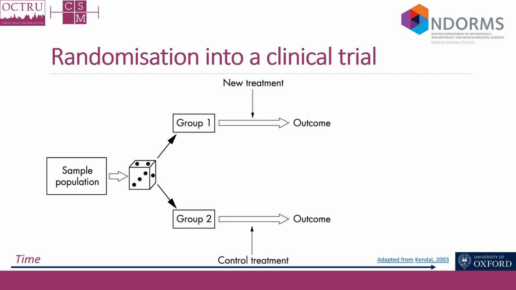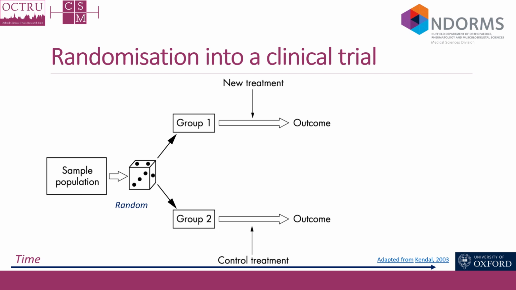Let's try and take a closer look. In a very simple example of an RCT, we sample from a well-defined population, defined by the inclusion criteria, and then we randomly allocate patients to intervention groups, a bit like throwing a die. We then administer treatment and follow up participants to collect the outcomes that we're interested in.